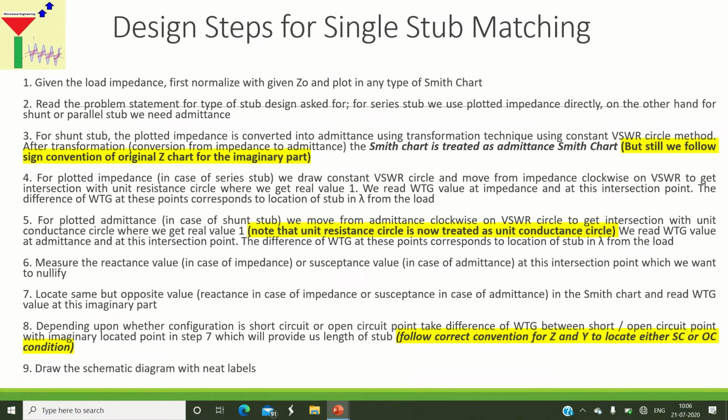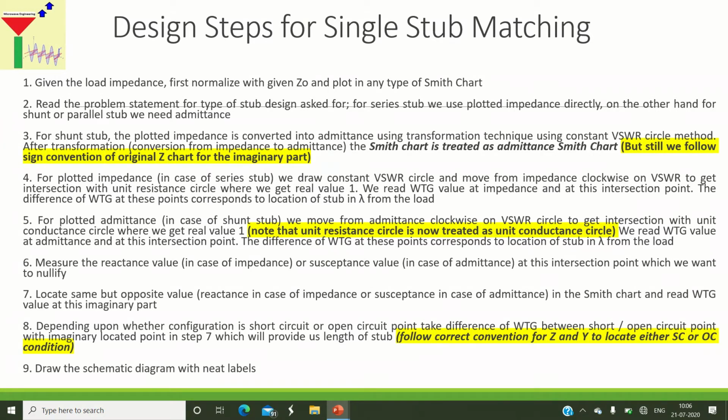Okay, so the next job is to find the appropriate length of the stub. We already found the location of the stub, and next we need to find its length. We need to note down the imaginary part value at this intersection point.